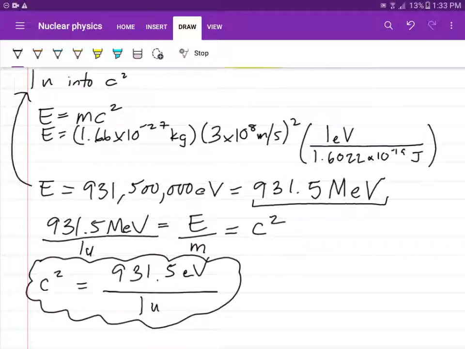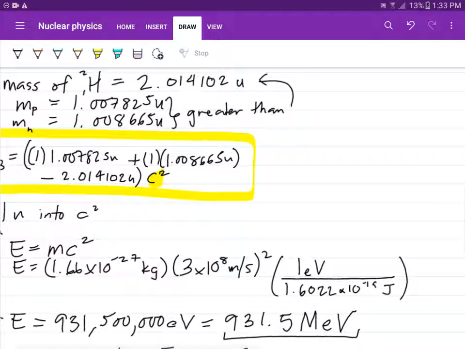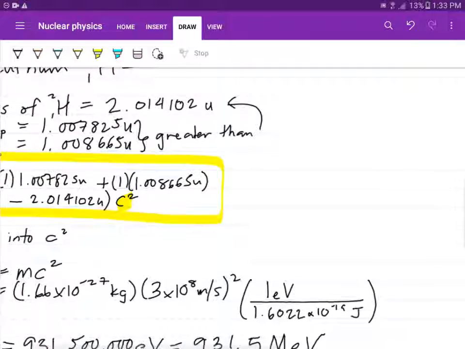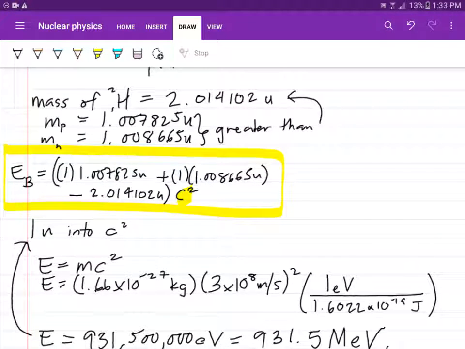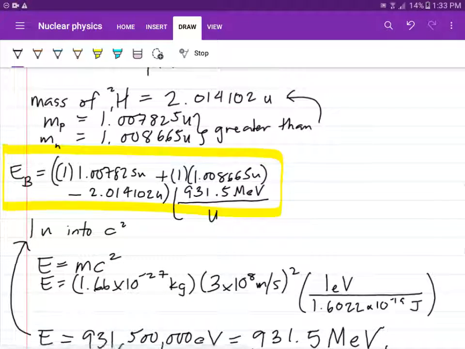Sorry, this should be MeV over 1 atomic mass unit.